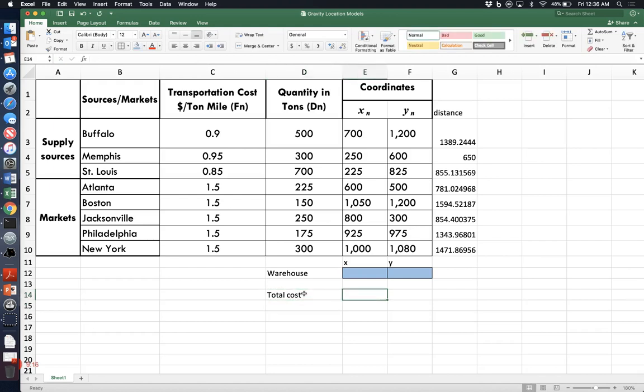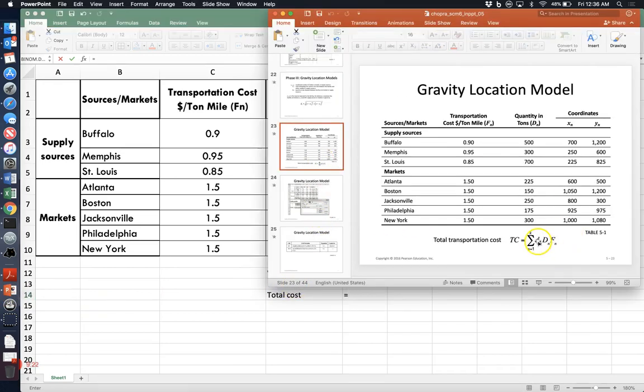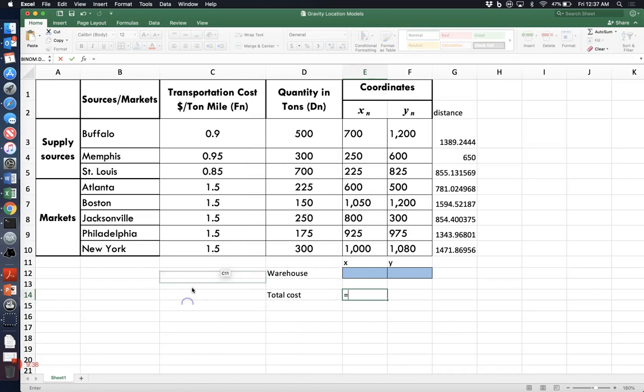The total cost of transportation, as you remember, is the distance times the quantity that is transported times the cost per ton mile. So this is cost per ton per mile. The cost of transporting 1 ton of materials 1 mile, that's 90 cents for Buffalo, 95 cents for Memphis, and so on.